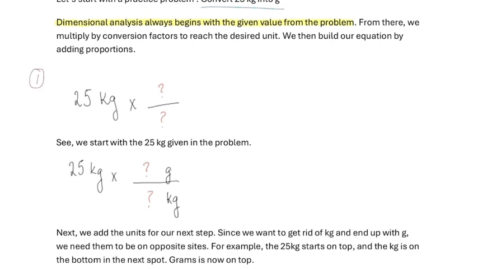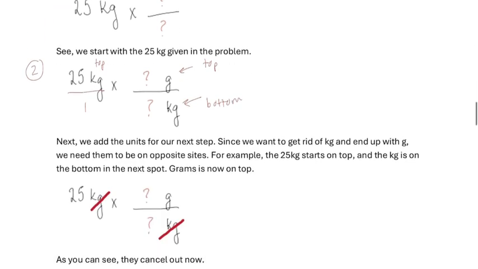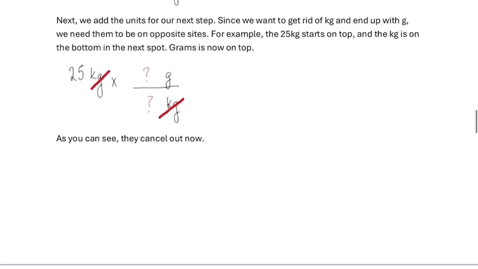And what I mean by that is essentially the 25 kilograms that we start with is technically over 1. So the 25 would be on top and the 1 is on the bottom. So we want to cancel the kilograms, meaning in the next step it should be on the bottom. And you'll see they do cancel appropriately, leaving grams alone.